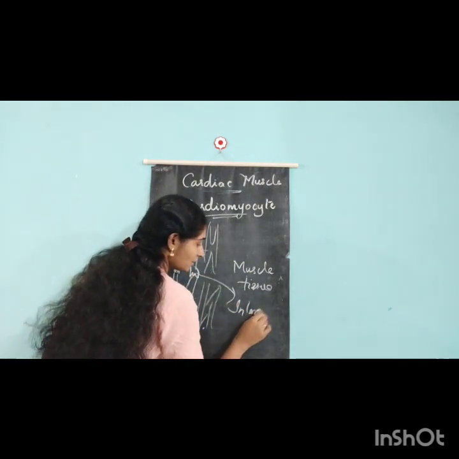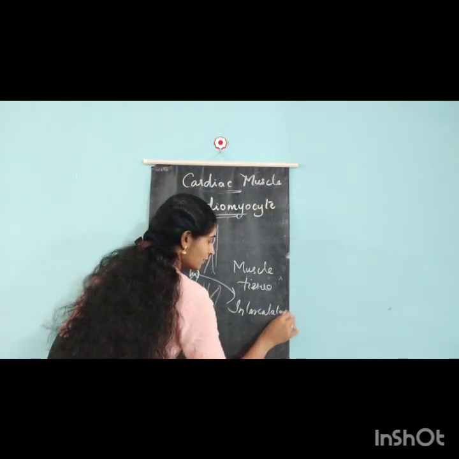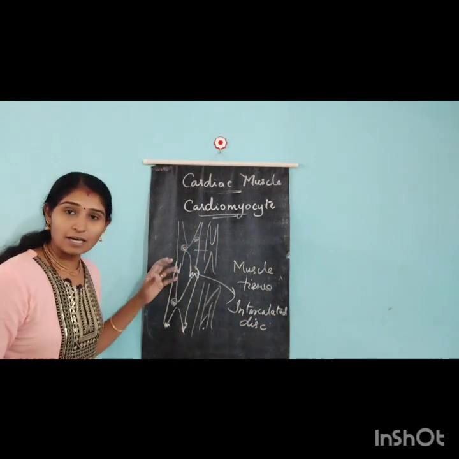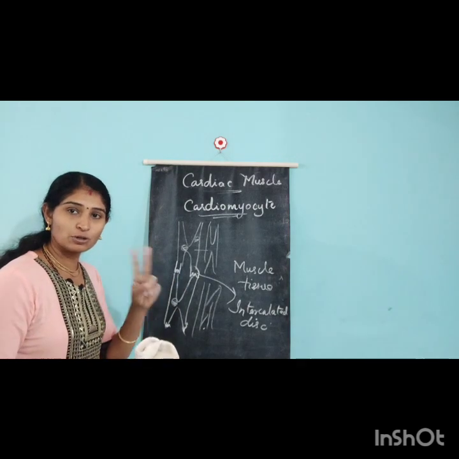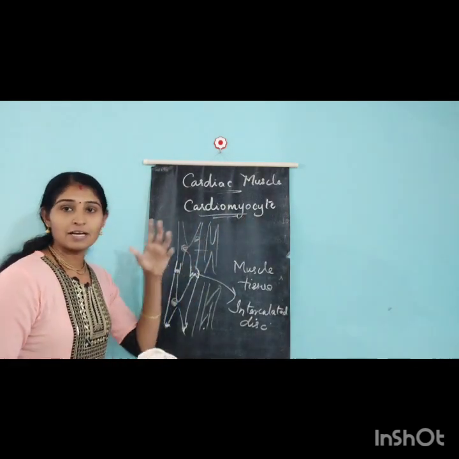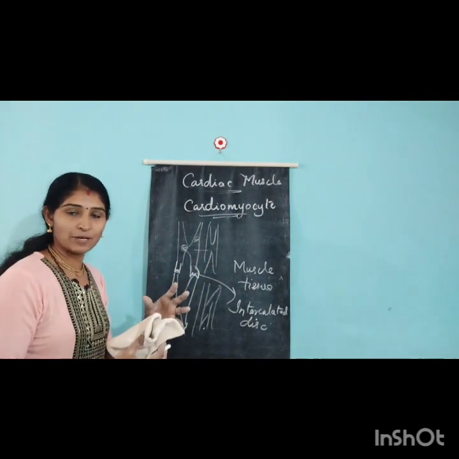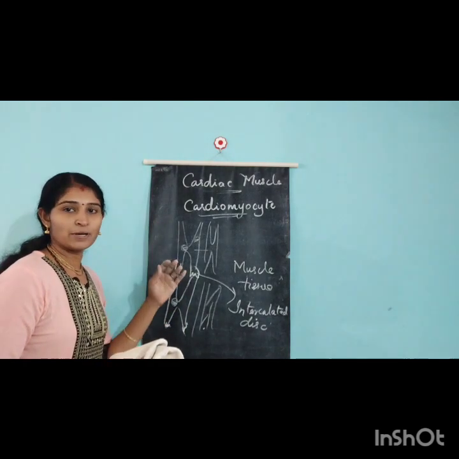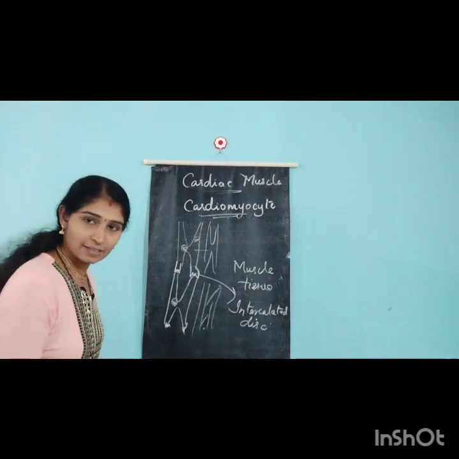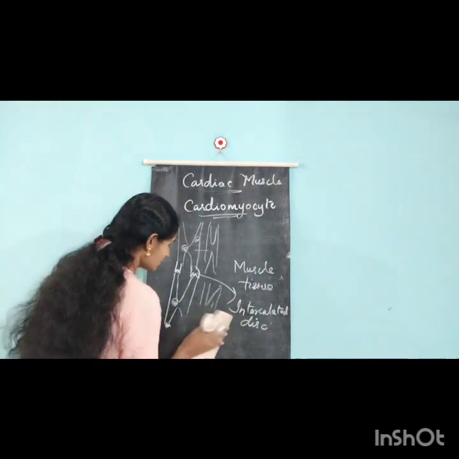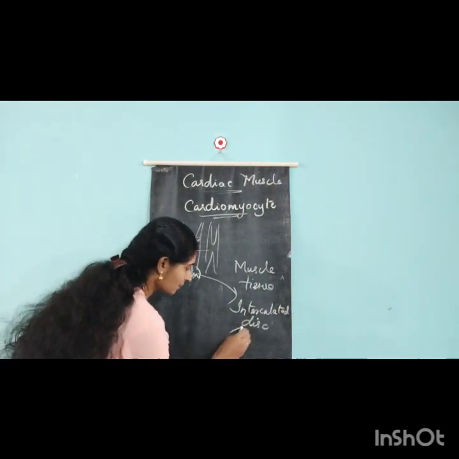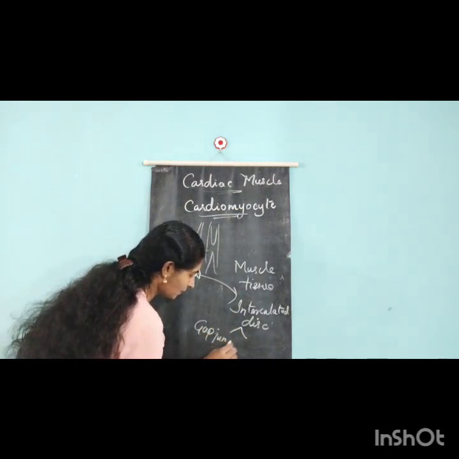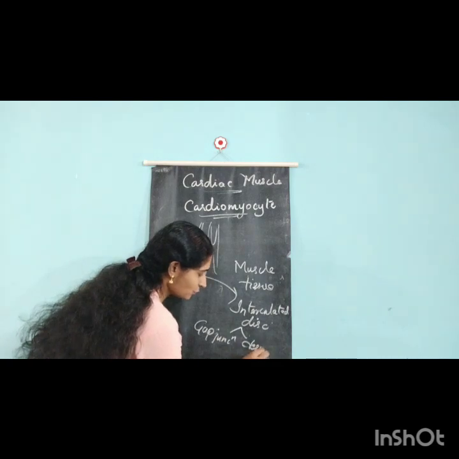So what is this intercalated disc? It is going to connect two cardiomyocytes. The disc which connects the two cardiomyocytes is called as intercalated disc. And what does this disc contain? It has a gap junction and the desmosome.